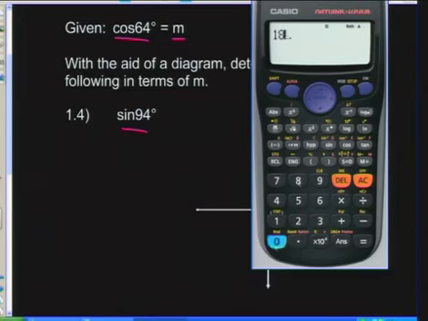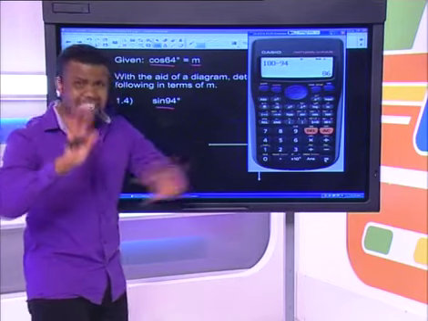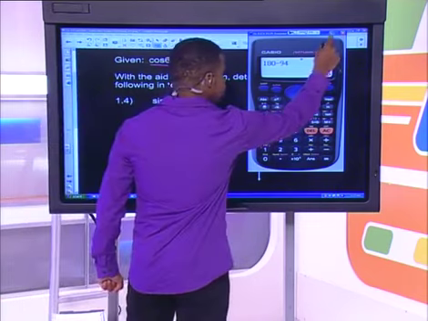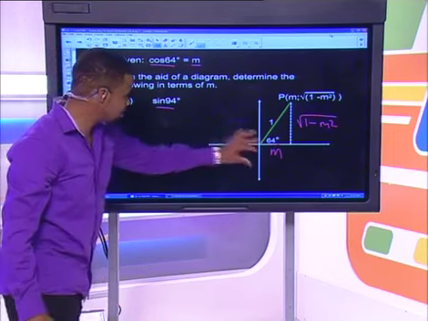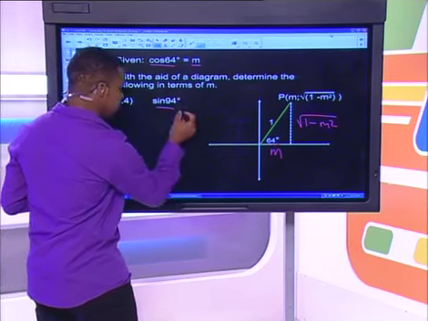If I say 180 minus 94, I get 86. 86 is not in the diagram. Do you have any idea? You're thinking what we can do here. I can't relate this. But if you look at them, what is the relationship between that and that?